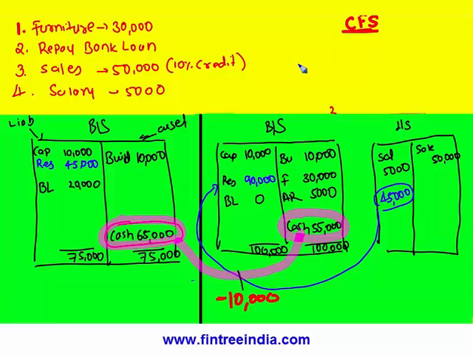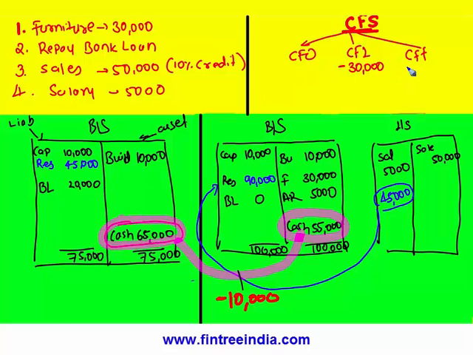Three components: CFO, CFI and CFF. First item, furniture 30,000. Where should we put this? CFI, investing activity. So we will say minus 30. Then repay bank loan of 20,000. Where should we put this?